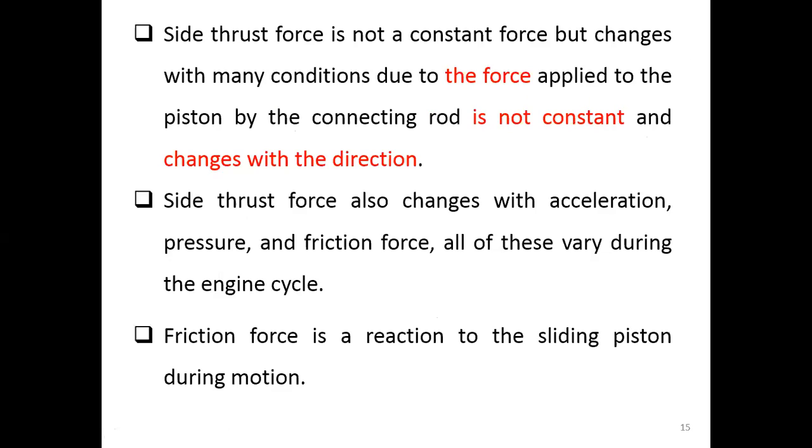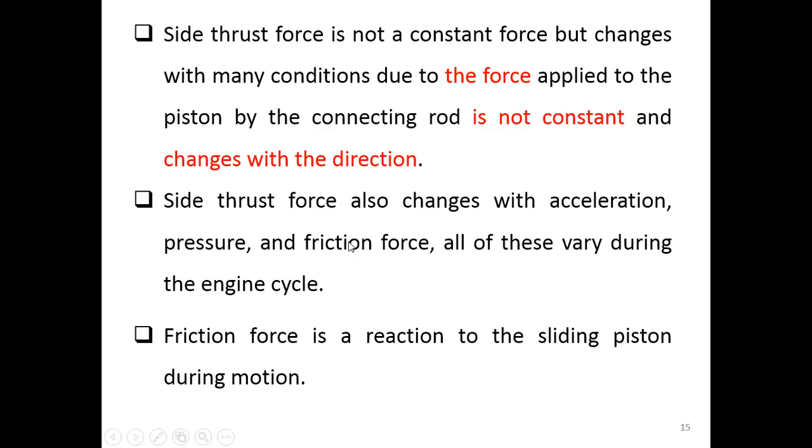This side thrust force is not a constant force because of the forces applied to the piston by the connecting rod. It is not constant and changes with the directions. It also changes with the accelerations, with the pressure inside, and with the friction force.